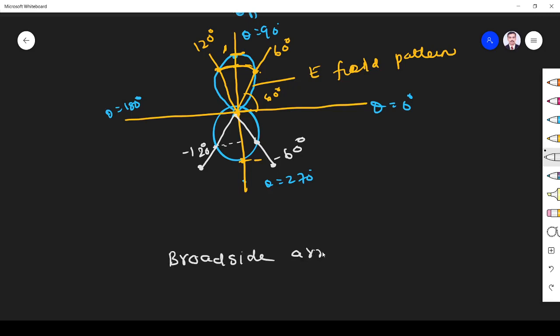If two isotropic sources are radiated by equal amplitude current and phase, then we will get a broadside array pattern. Right? This is what we must understand about two isotropic array sources with the same amplitude and phase.